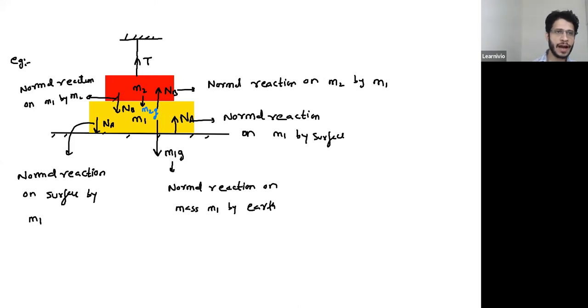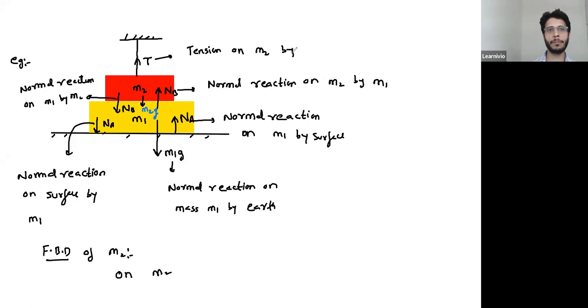Now if I ask you to make the FBD of, let's say, M2. Just count the forces which are acting on M2, not by M2. This is tension on M2 by string.